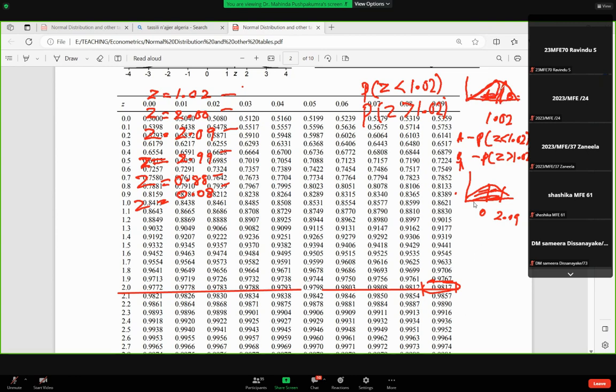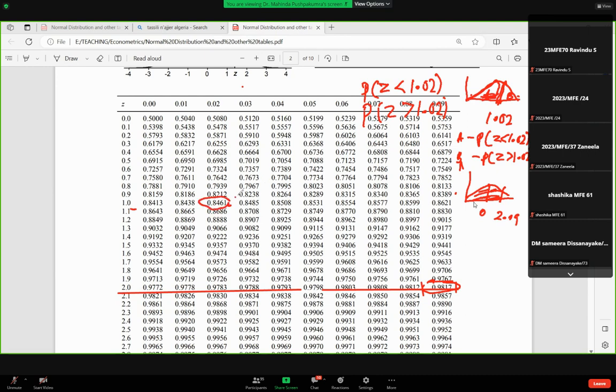Probability less than Z value 1.02. What is the answer? 1.02 is the answer.